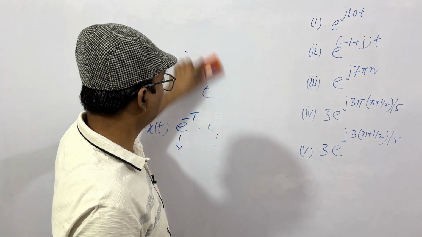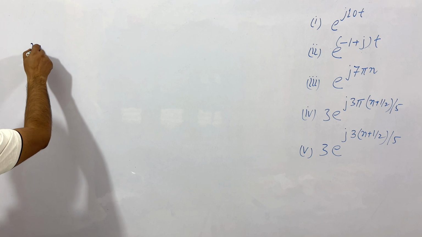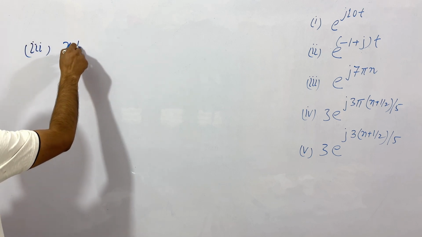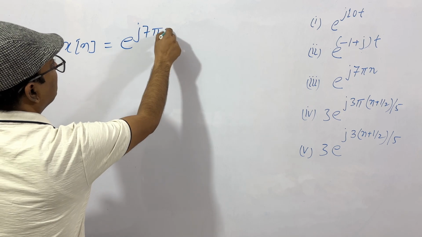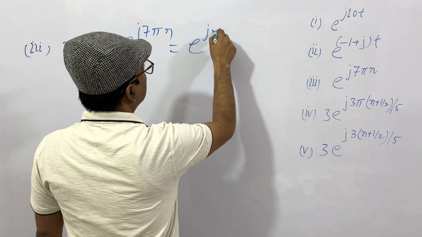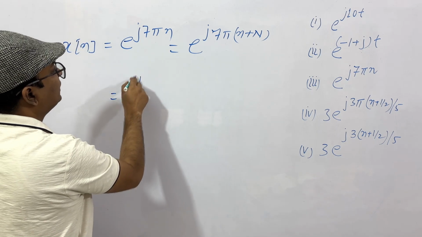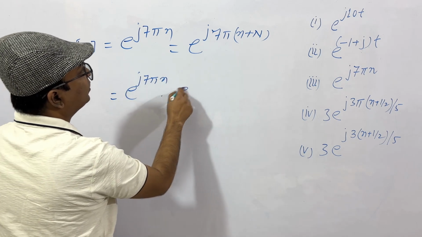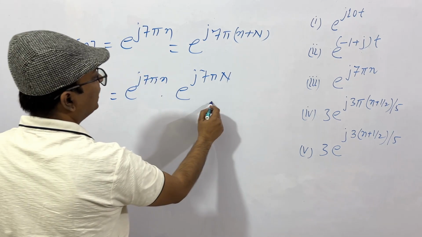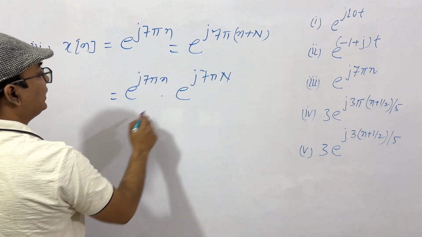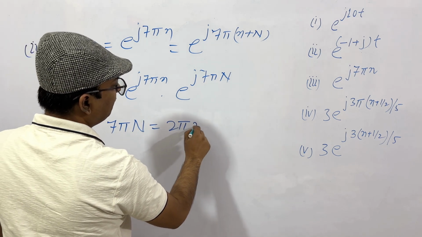Okay. Now let's see the third one. It is a discrete signal. x[n] is e to the power j 7 pi n. What we do, we put n plus N. So we get e^(j7πn) into e^(j7πN). Now this is the original function, so this has to be equal to 1. For this to be equal to 1, 7 pi N has to be a multiple of 2 pi.